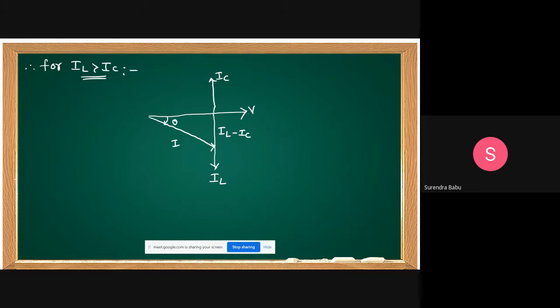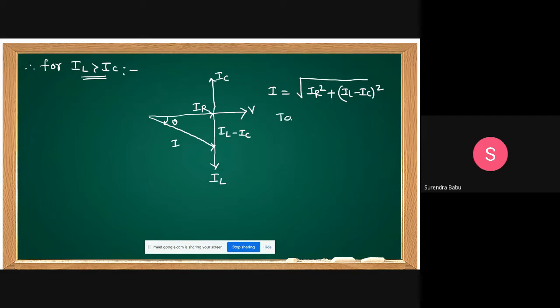Is theta positive or negative here? We start from the reference. Are we going clockwise or anti-clockwise? Then I equals square root of IR square plus IL minus IC whole square.